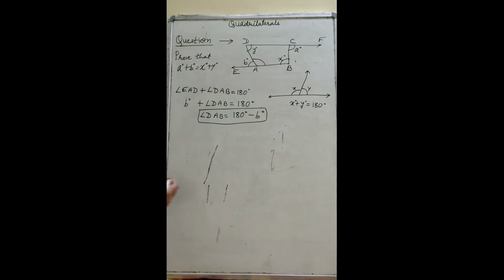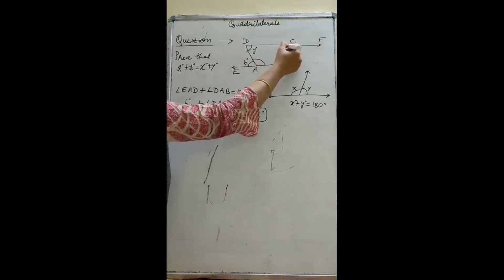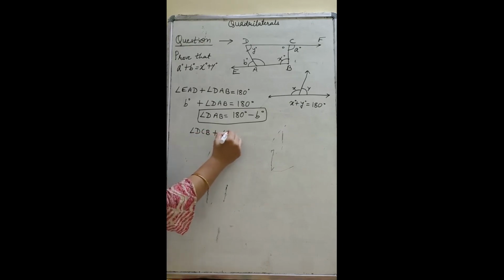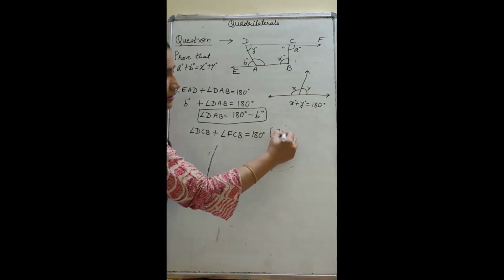Similarly, we will calculate another part, and in this part I am going to take the angle inside to form a linear pair. So angle DCB plus angle FCB is equal to 180 degrees. Again, this is the linear pair form.